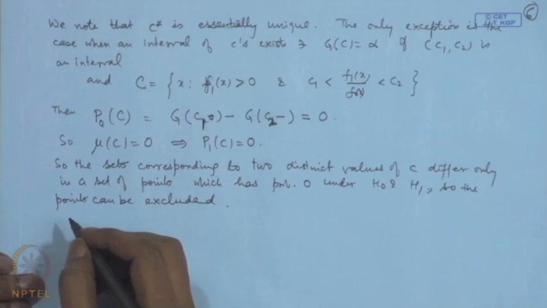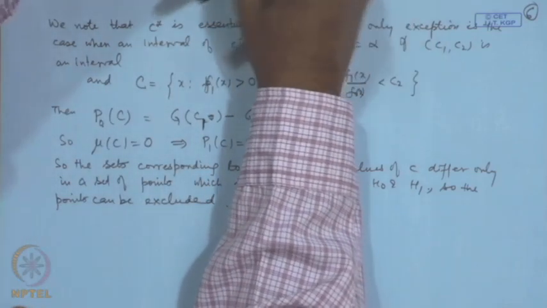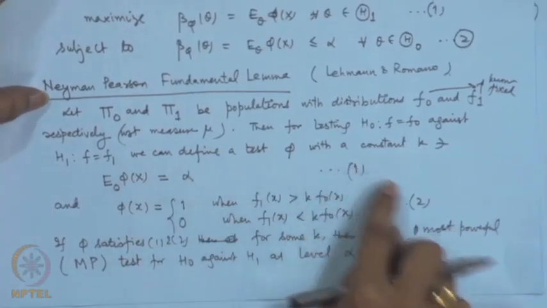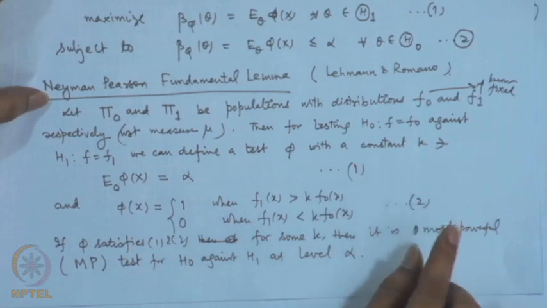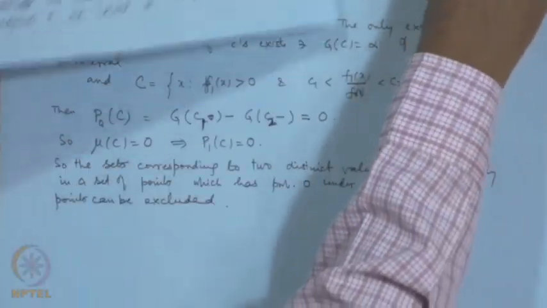Now, what we have done, we are able to construct a test function phi which satisfies condition 1 and 2. Now, what we are saying is that this will be actually the most powerful test.